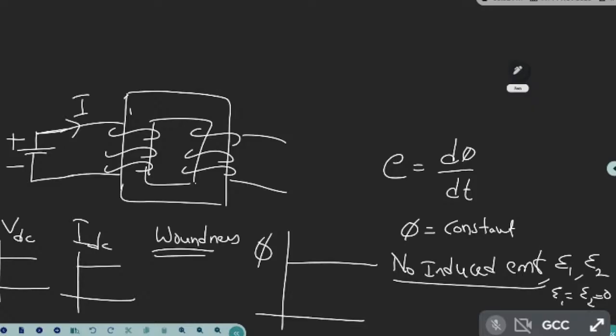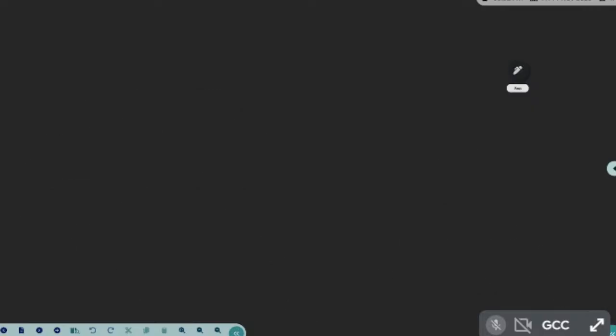Actually, this induced EMF E1 controls the applied voltage V1. If E1 is not there, who will control V1?